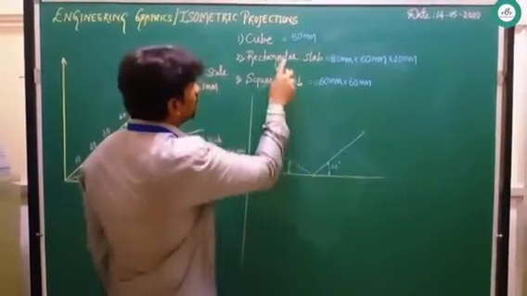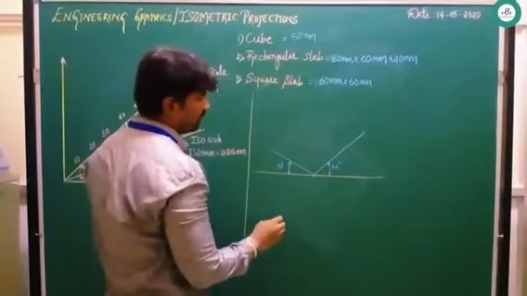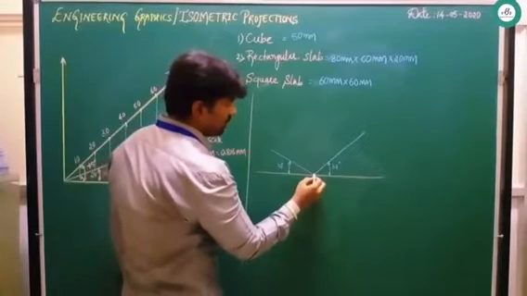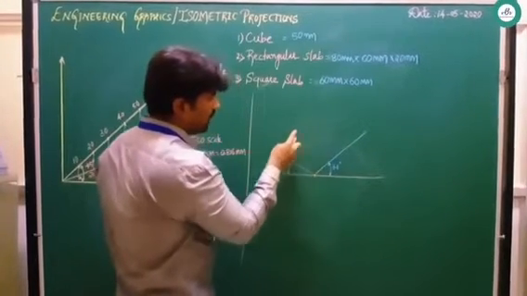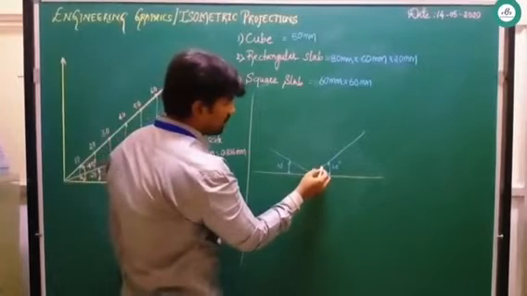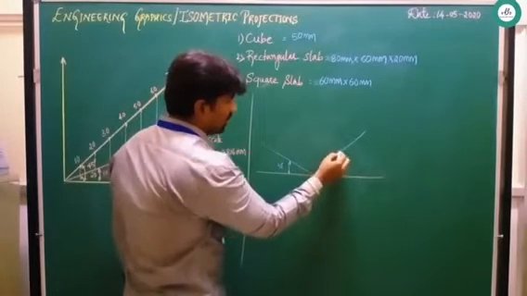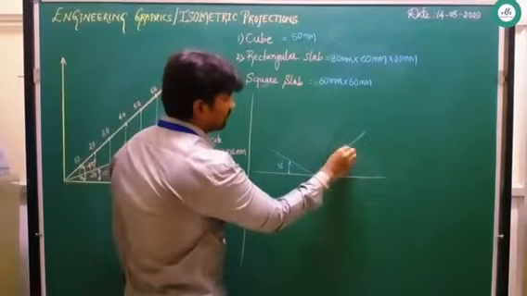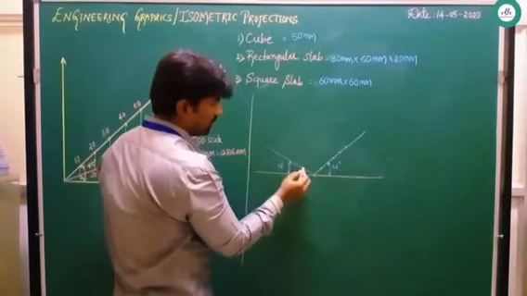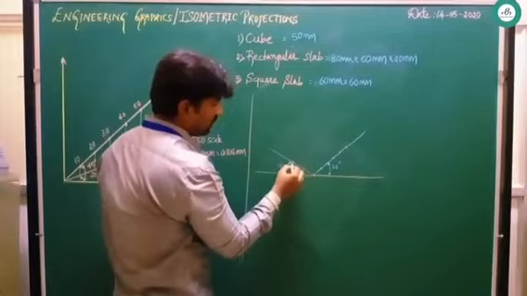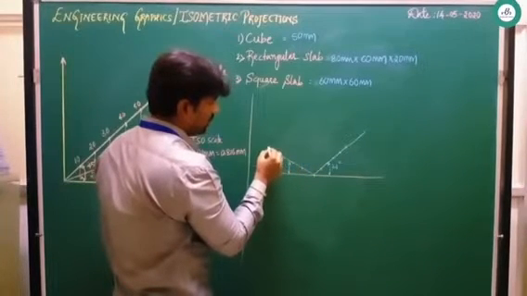Since we want a cube of 50 mm, you can start counting to the right side. First we shall form the base part. Start counting iso 10, 20, 30, 40 as well as 50. Similarly to the left side, iso 10, 20, 30, 40, 50.